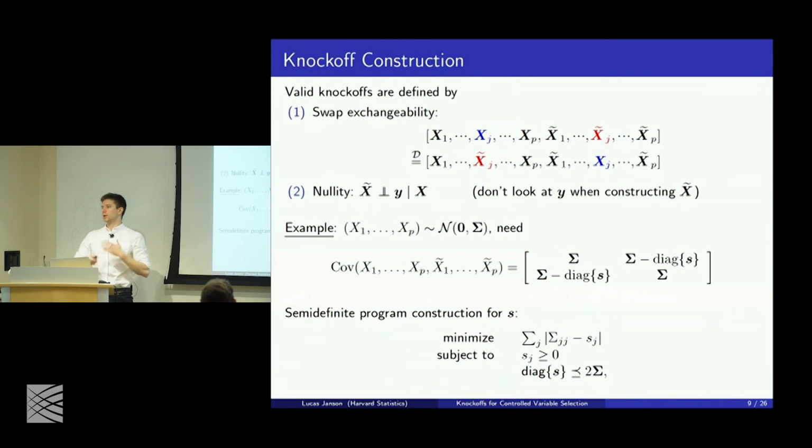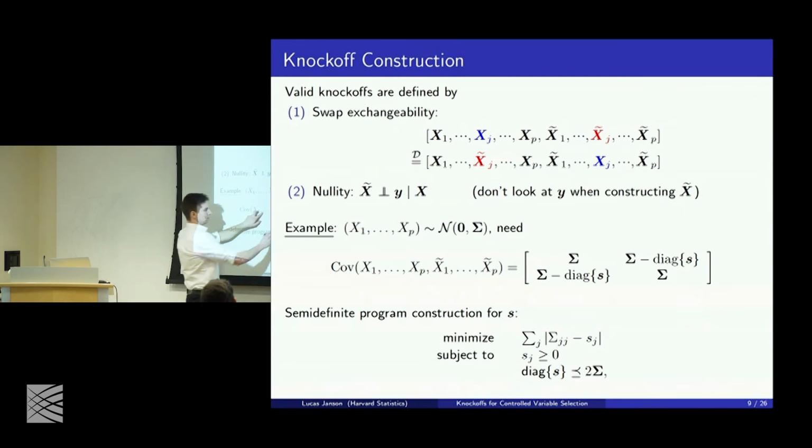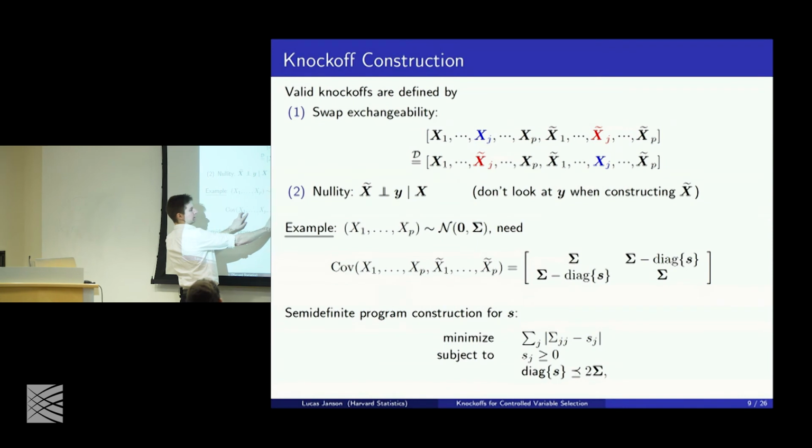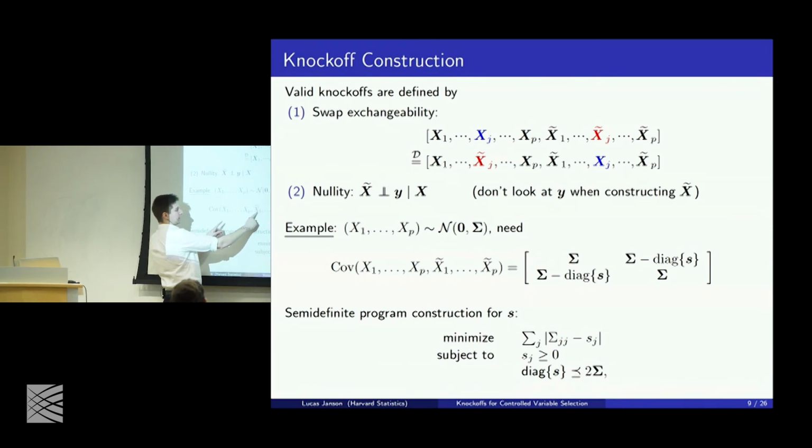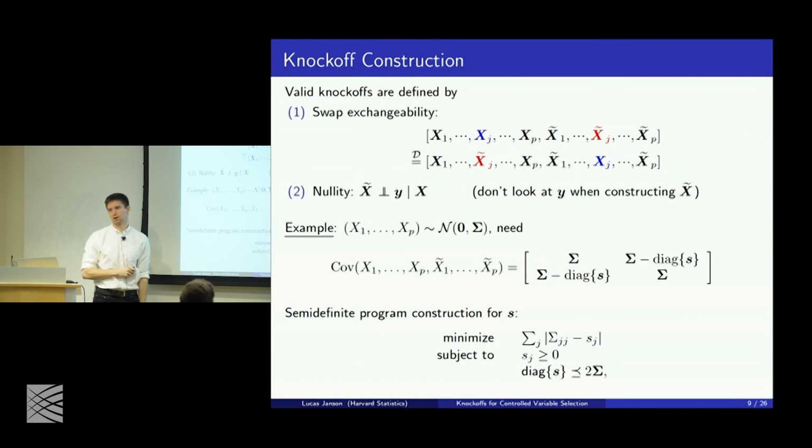For instance, when you have really highly correlated variables. If x1 and x2 are 99.9% correlated, then these two need to be 99.9% correlated, but also this one needs to be 99% correlated with x2, which means that since this is 99.9% correlated with x1, this and this need to be 99.8% correlated, which means that x1 and x2 are almost identical.